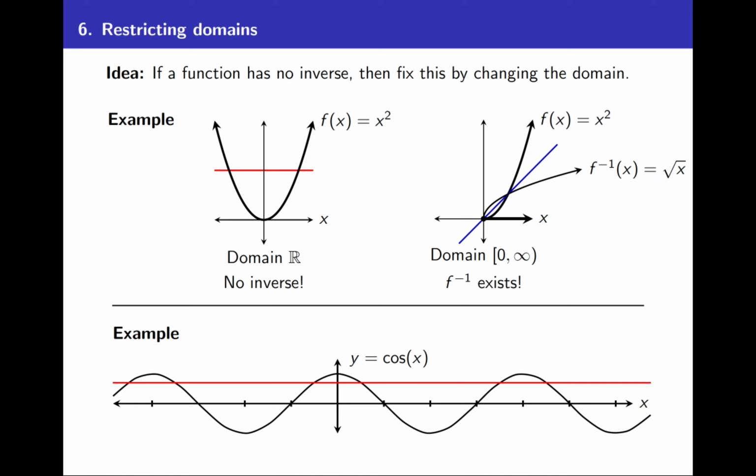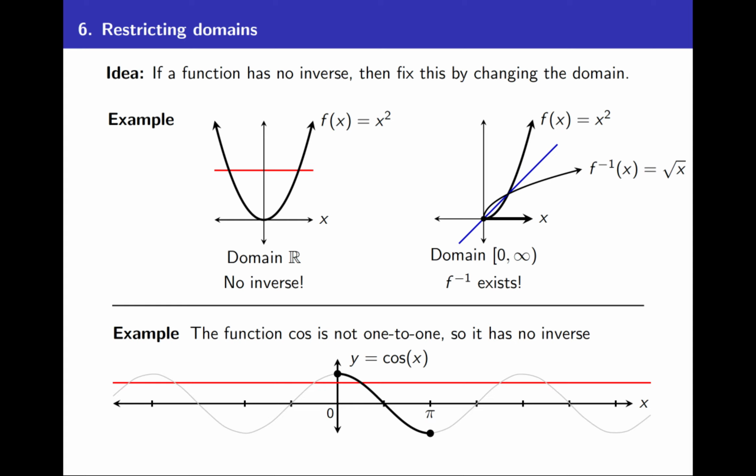So this is a little peek ahead. We're going to fix this problem of the function cosine not being one-to-one and not having an inverse by restricting its domain. Imagine that you erased all of the graph of cosine of x except this little part between 0 and pi. Just this part that's right there.